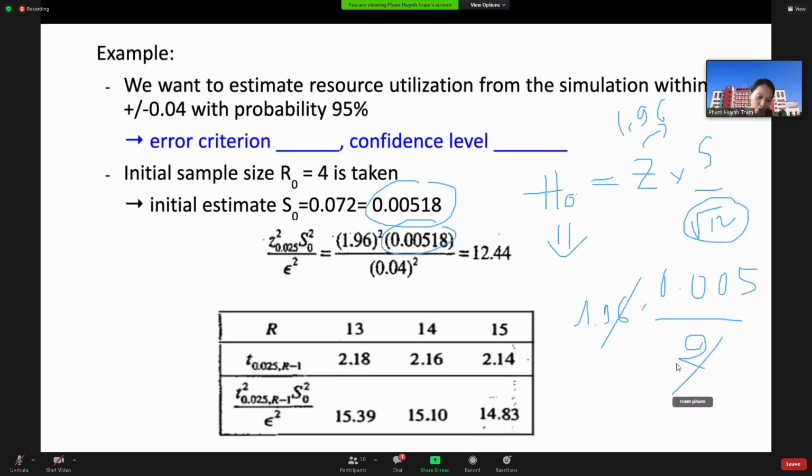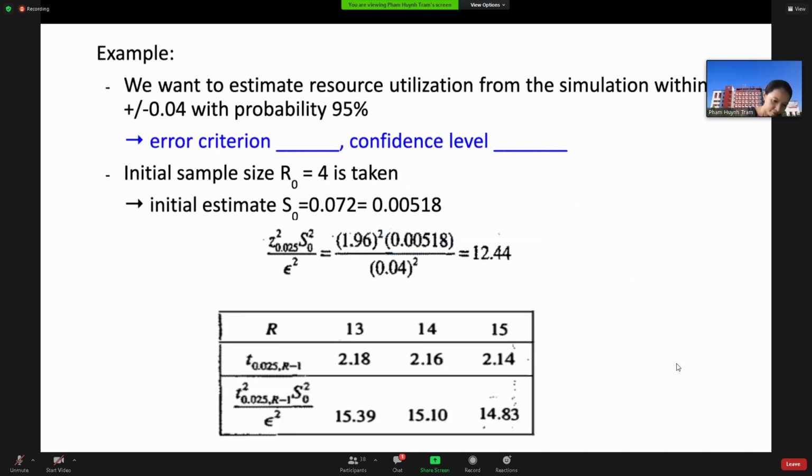So if we use the equation, what do we have here? Our H0 would be equal to 0.005. But what we want is a half width of 0.04.